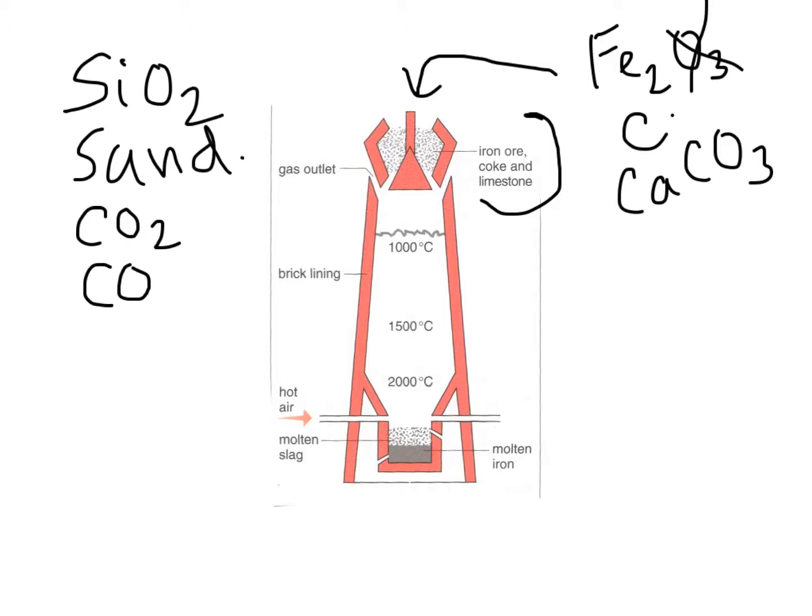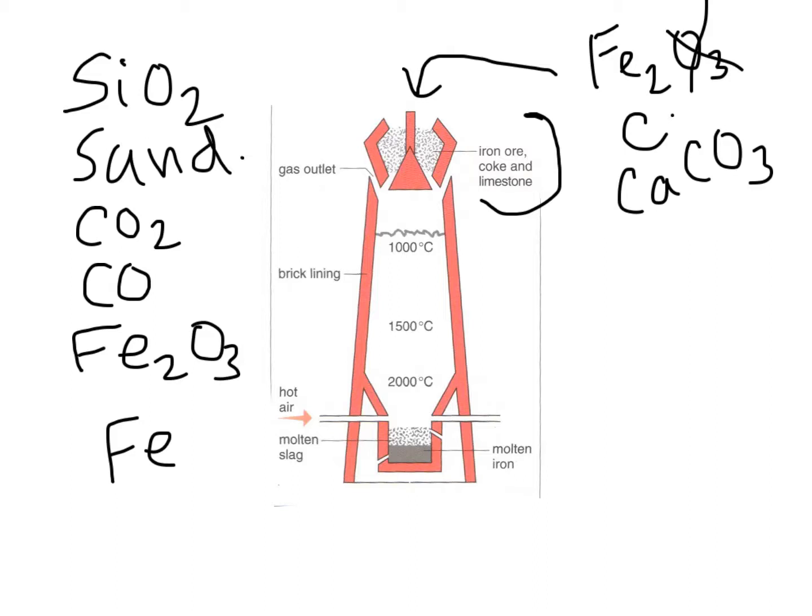It's this carbon monoxide that reacts with iron oxide, Fe2O3, to remove the oxygen, and we finally end with iron. And iron being heavy, it sinks right to the bottom of the blast furnace.